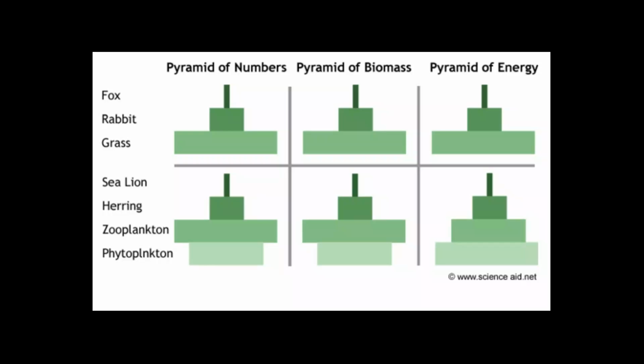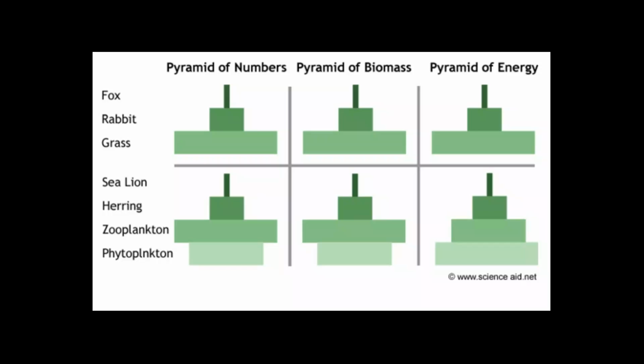So this gives an example of pyramids of numbers, biomass, and energy. And notice the pyramid of energy is always triangular or pyramidal in shape, whereas for pyramids of biomass, and especially numbers, the shape isn't always this way.